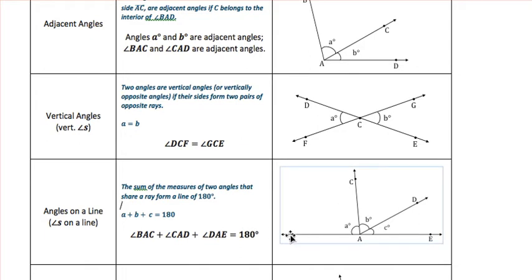Now we could have named them, for example, BAD plus DAE, and that is 180 degrees. Just because there is a ray splitting them apart doesn't mean that this is not an angle.